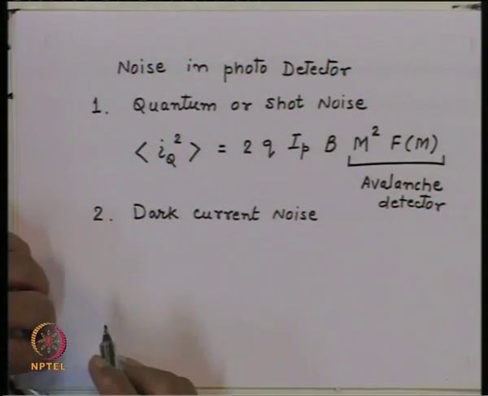So, the dark current can be divided into two components.